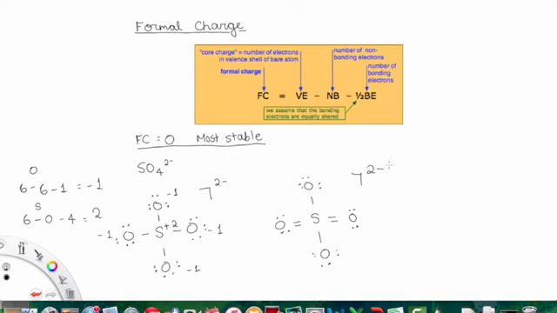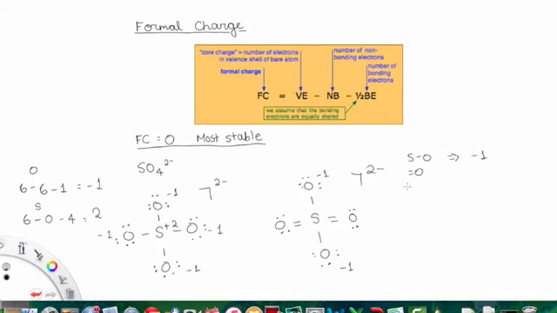Now let's try this one. So for the single bonded oxygens, we know that the formal charge for the oxygen is -1, so let's draw those in. But now what if you have this double bond? So now let's figure out the formal charge for the double bonded oxygen, which I'll indicate like so.